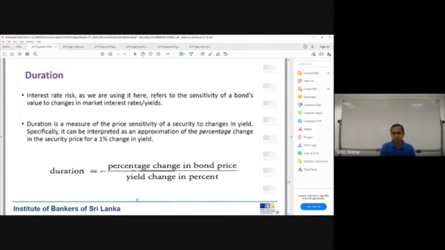Duration is a measure of the price sensitivity of a security to changes in the yield. Specifically, it can be interpreted as an approximation of the percentage change in the security price for a 1% change in yield. Right. So you need to remember this equation also. Duration is the percentage change in price divided by the change in yield. But don't forget the negative sign.